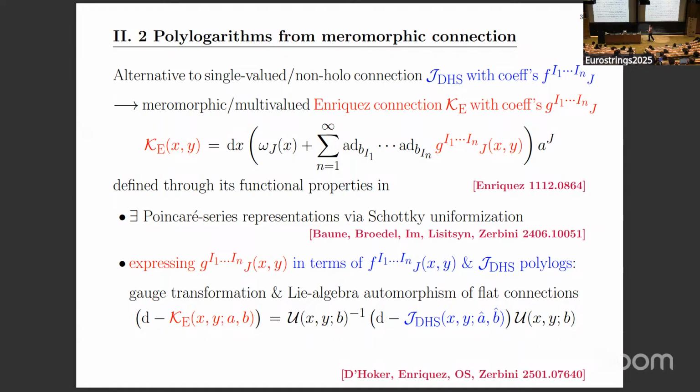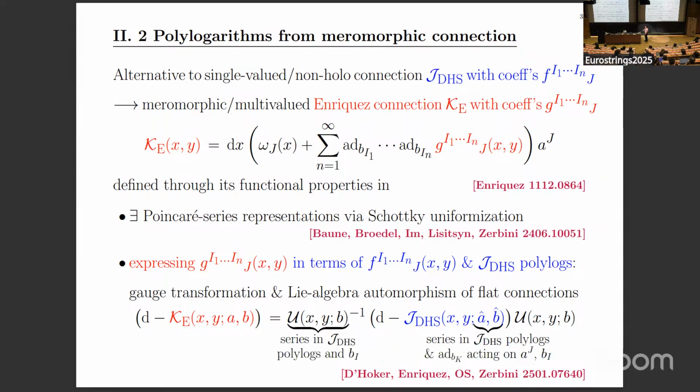Then a second construction of these Gs takes a detour through the Fs. So I told you about this flat connection to generate the polylogs. And if you do a gauge transformation of that, you eventually get to the generating function of the Enriquez kernels, the meromorphic ones. So the details are a bit nifty, that you need to do a Lie algebra automorphism along the way, but it can still be worked out order by order without any obstructions.